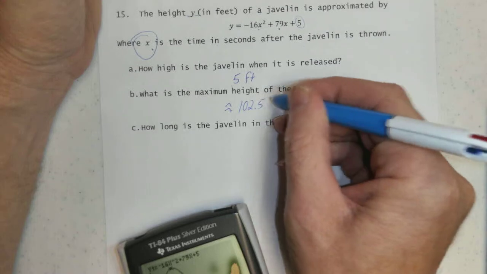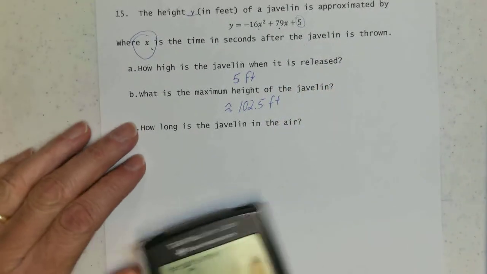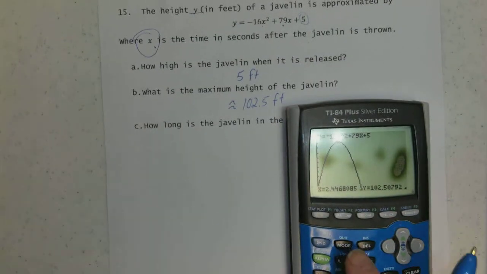Let's say we go this way. Hit enter. Left bound, right bound, enter, enter. What is the maximum height? So we want the y. Approximately 102.5 feet.